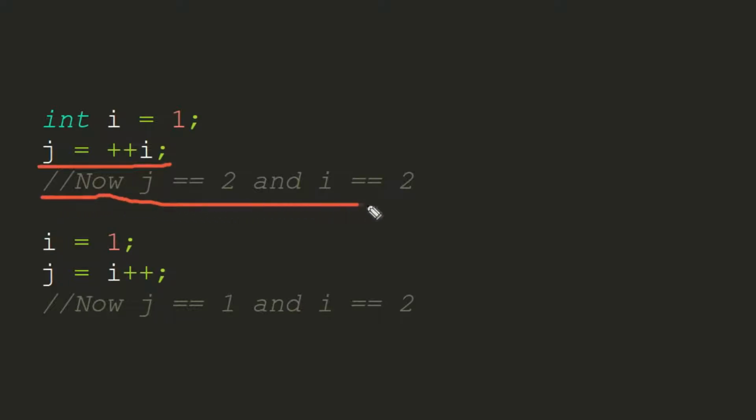Whereas if we write j equals i plus plus, j will now equal the old value of i, and i will equal the old value of i plus 1. So that change isn't tracked until after its value is assigned to j. So that's just a small difference, but if you notice any weird behavior, that's basically what that's coming from. The placement does matter with these increment and decrement operators.